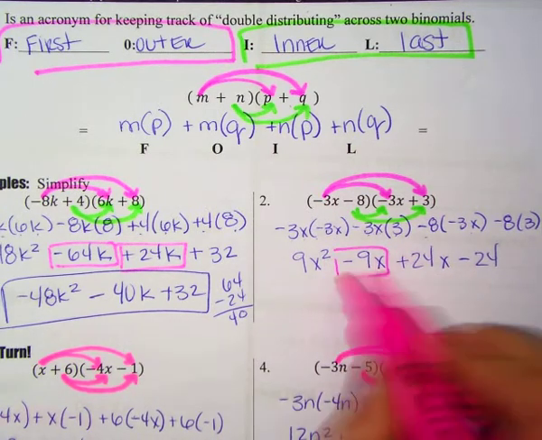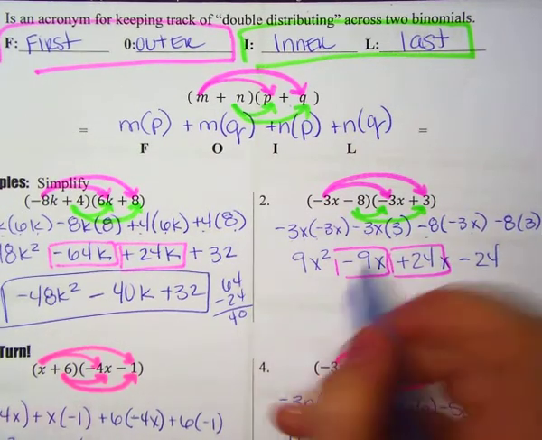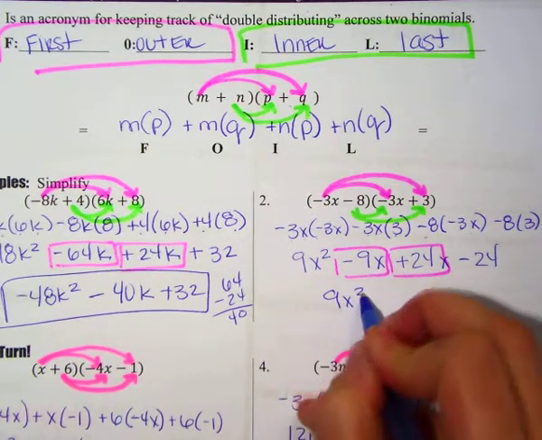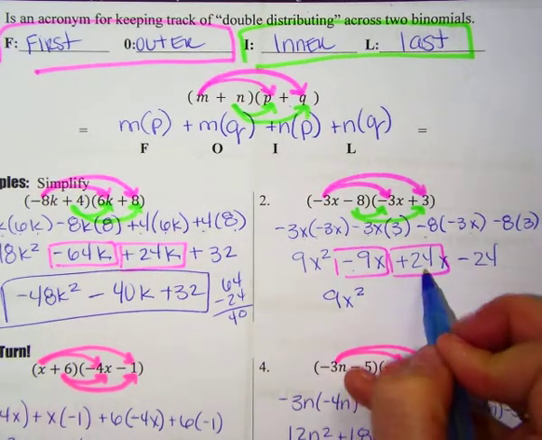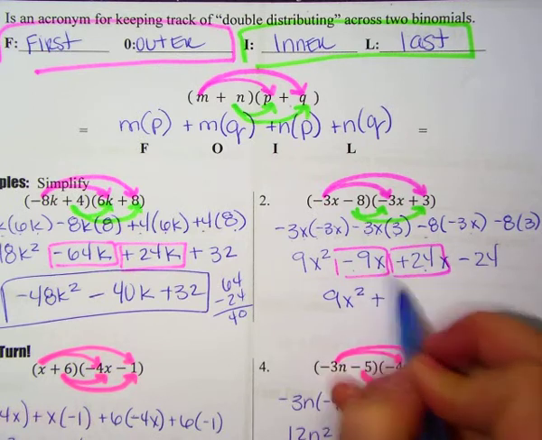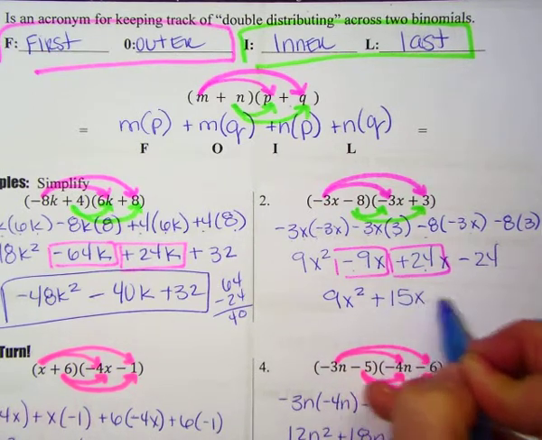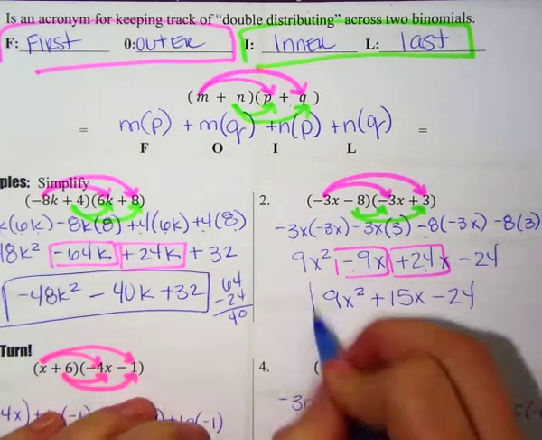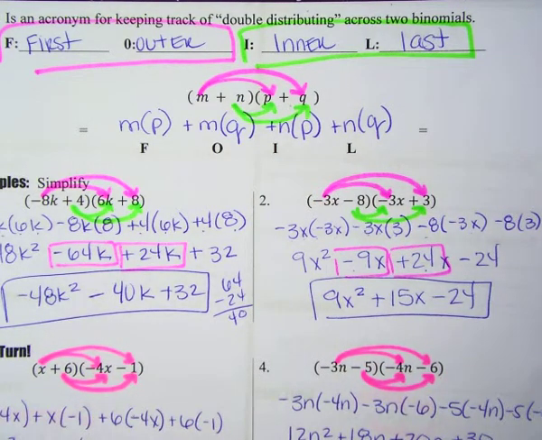Combine like terms. Left with 9x squared, negative 9 plus 24 is a positive, 24 minus 9 is 15x, minus 24. Okay, you can do the next two and then check your answers.